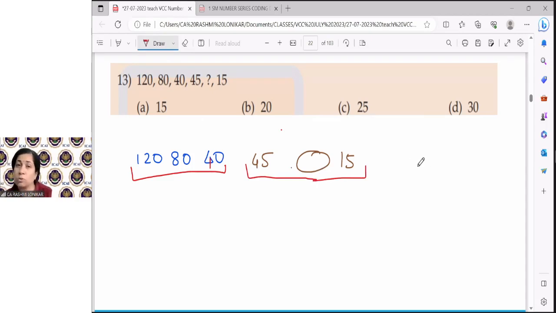So we're going to group 3 numbers together. Why we have done that? We'll just see. 120 and 80, what is the difference? 40. 80 and 40, what is the difference? 40. Can you see the difference is constant? So this should give me a constant difference and this should give me a constant difference. Now what is the difference between 45 and 15?